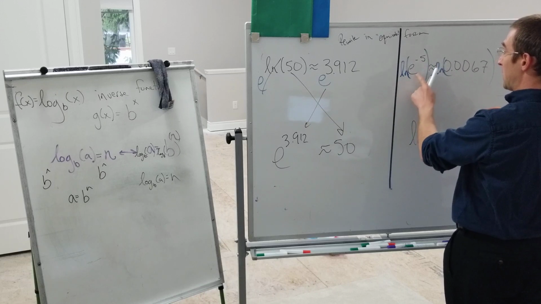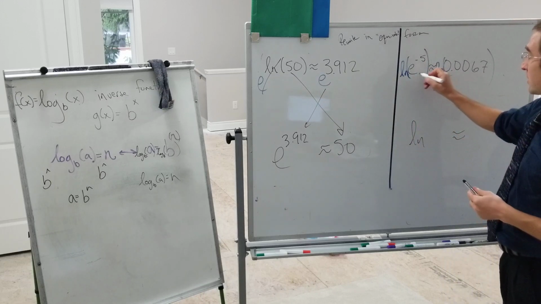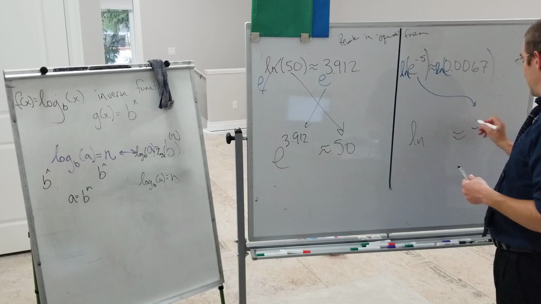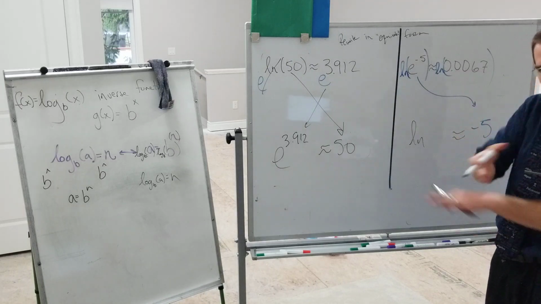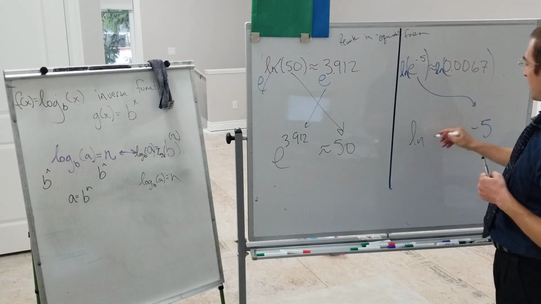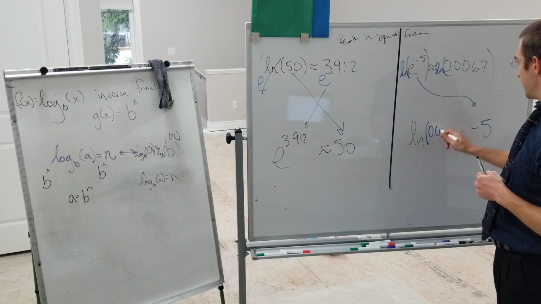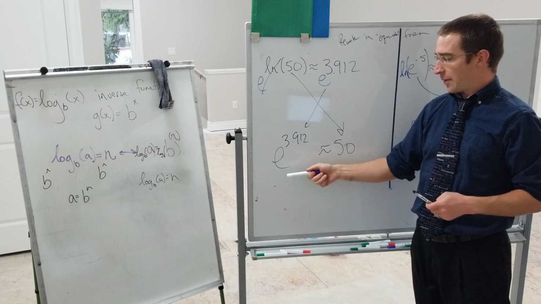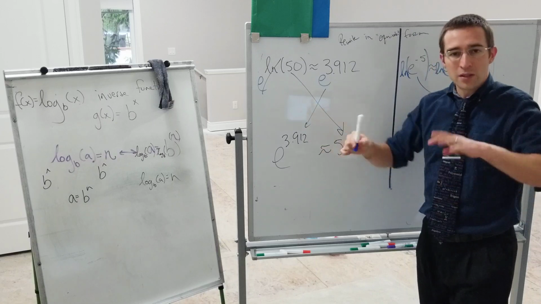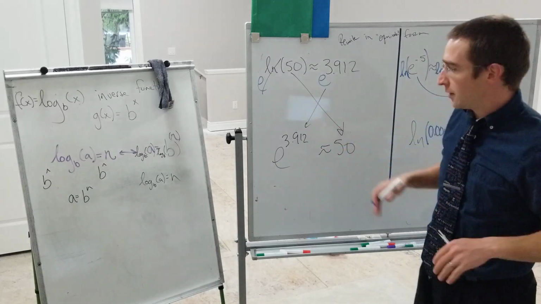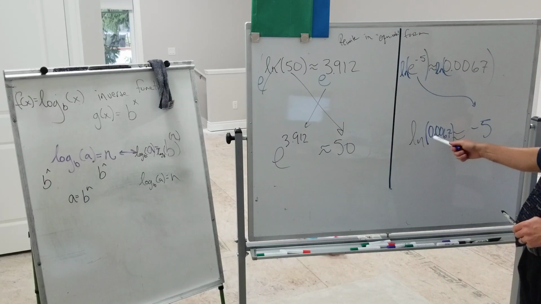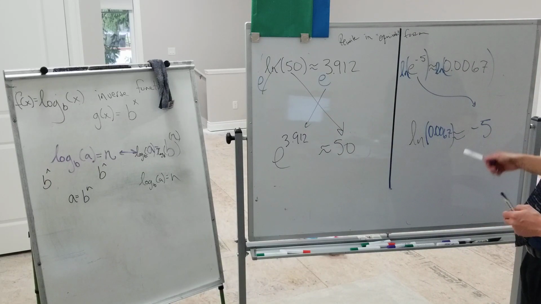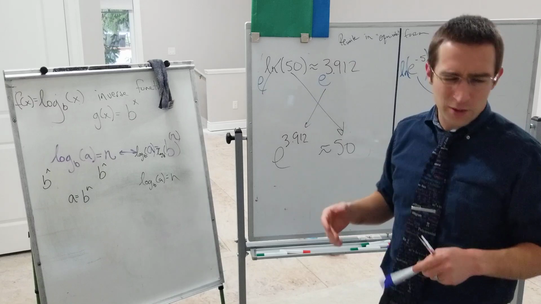Natural log of e to the negative 5 just gives me negative 5, because those are inverses, they cancel out. And then I get natural log of 0.0067. So you can check those in your calculator. Type in e to the 3.912, you get about 50, won't be exact. Type in natural log of 0.0067, you'll get about negative 5, not quite, it'll be close though.